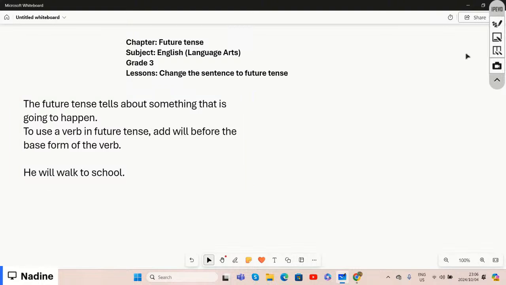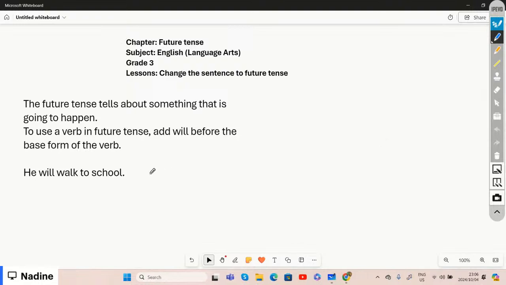Future tense tells about something that is going to happen. It did not happen yet, it is still going to happen.